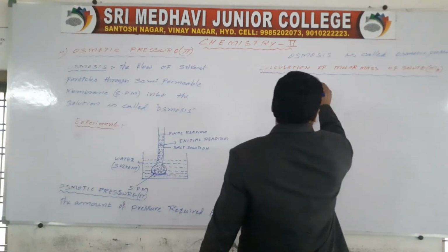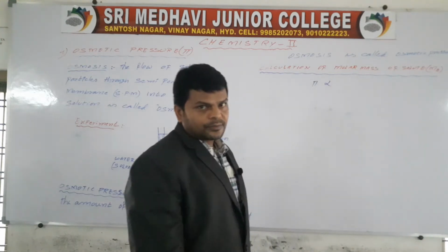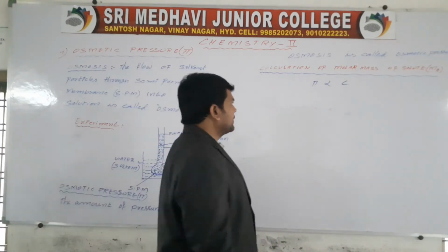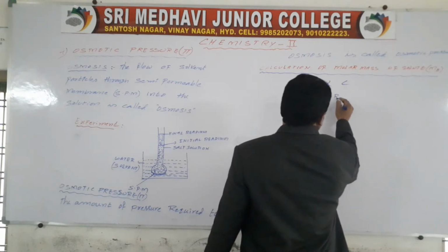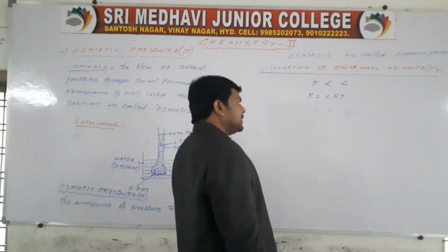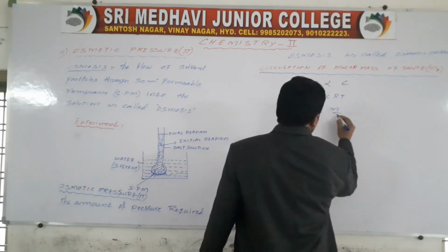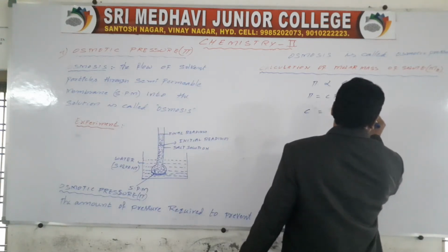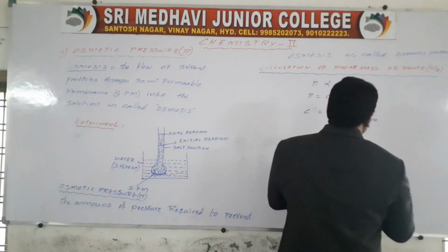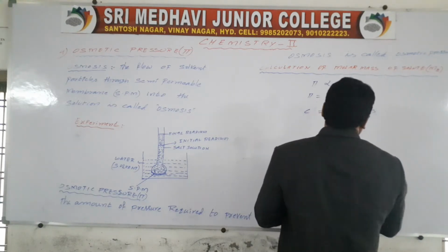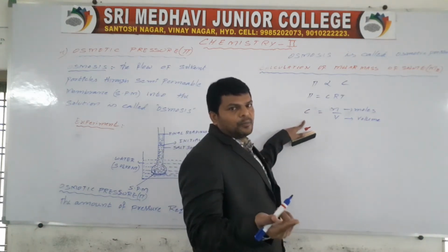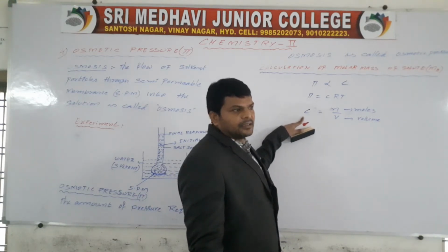Now osmotic pressure pi is directly proportional to concentration C. So pi equals C R T. Here C equals n by V, where n is the number of moles and V is the volume. The number of moles present in 1 liter of the solution is called molarity, so molarity is the concentration expressing method.